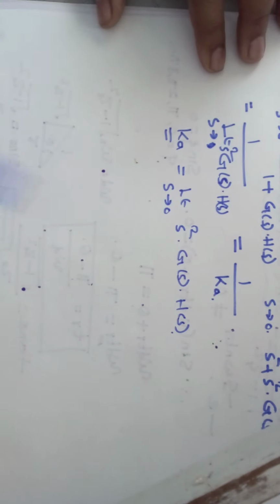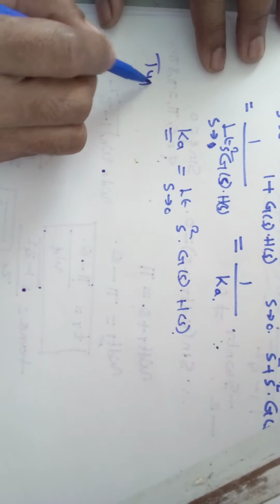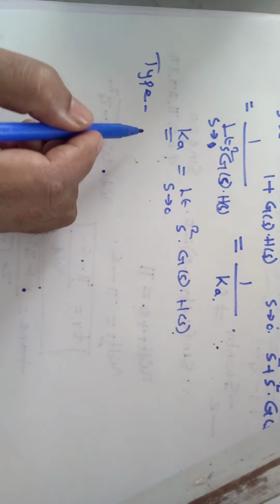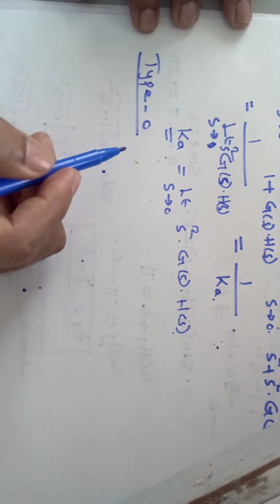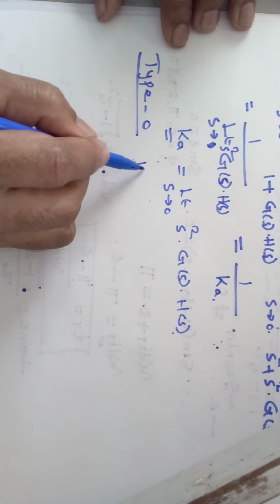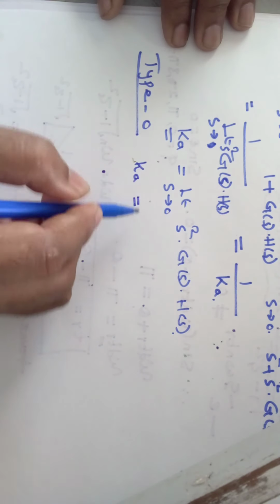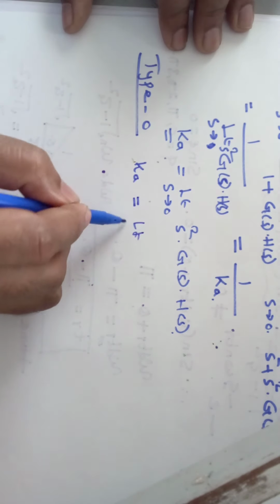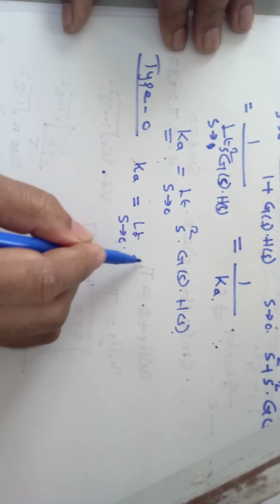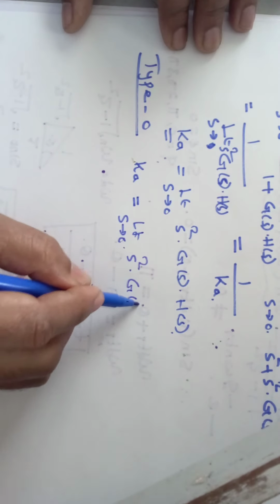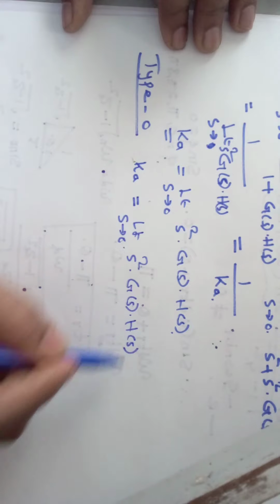Now for a type 0 system, let us calculate the steady state error. The input here is parabolic input. If it is a type 0 system, then the acceleration error constant Ka is equal to limit s tends to 0 s square into g of s into h of s.